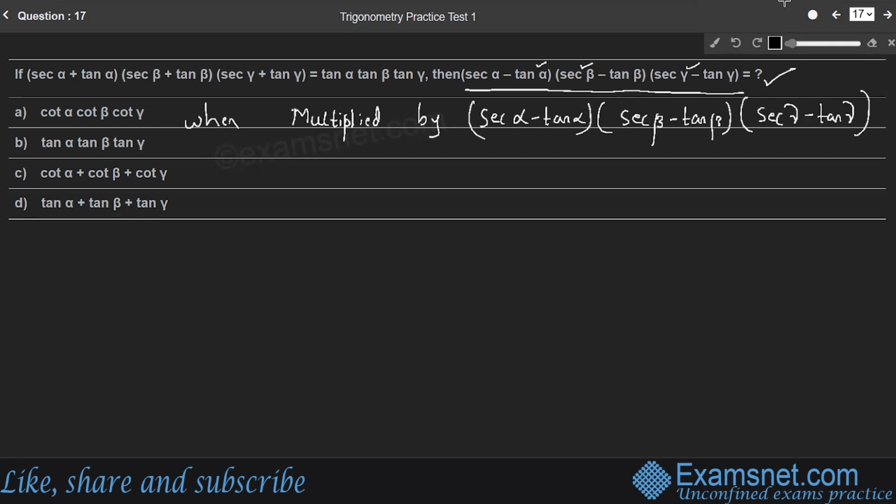So the left hand side becomes secant alpha plus tan alpha.